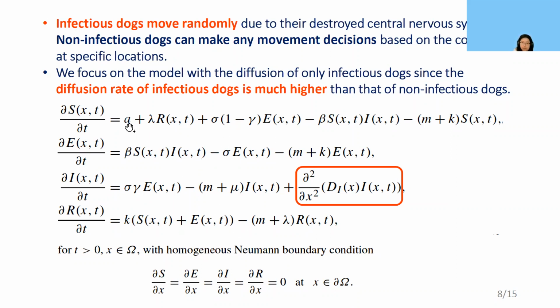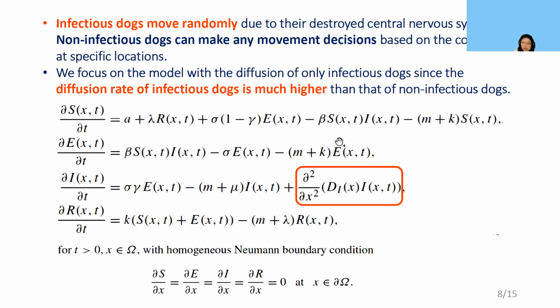A is the recruitment rate. Lambda R gives the rate of loss of immunity, because the vaccination cannot provide lifelong protection.